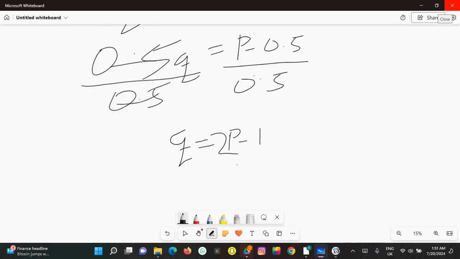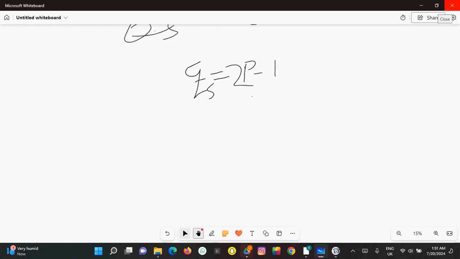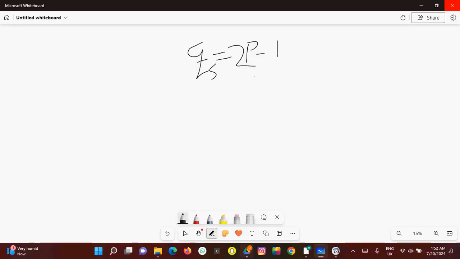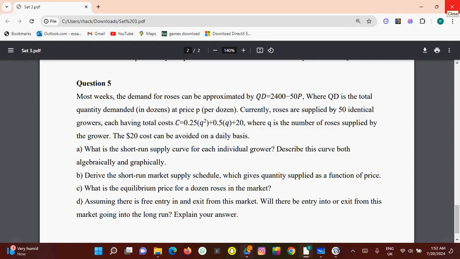That would be our quantity supplied, right? So we're able to derive a short-term supply here. So we are going to say that it asks what is the short-term supply; therefore, the short-term supply.